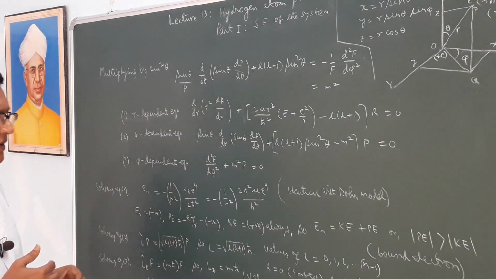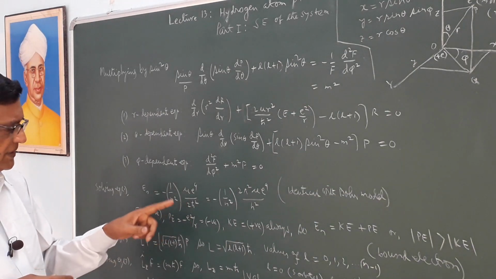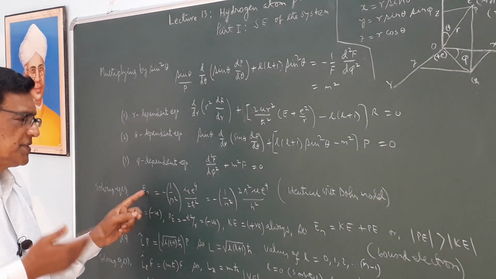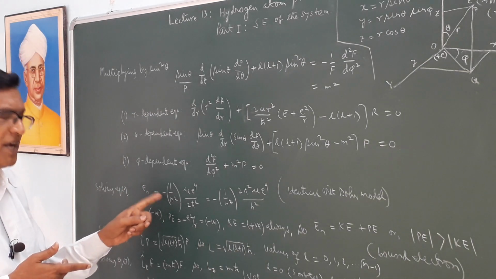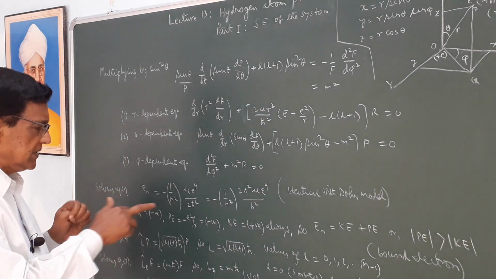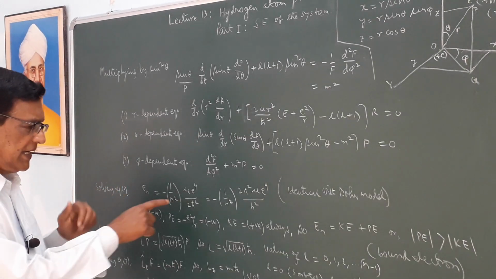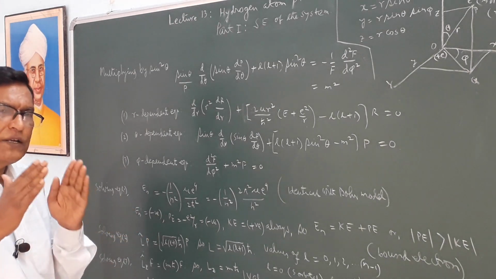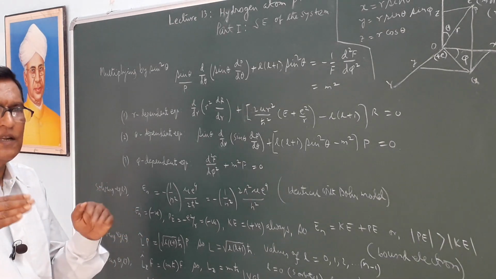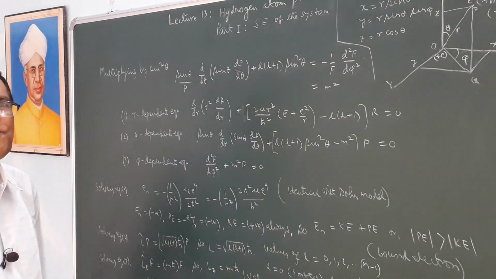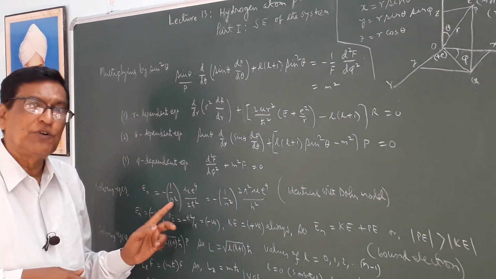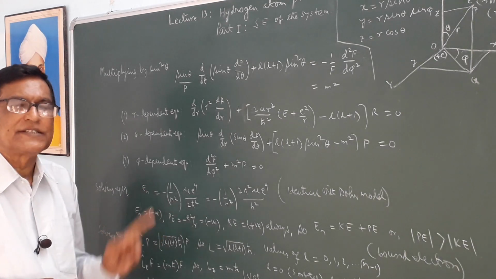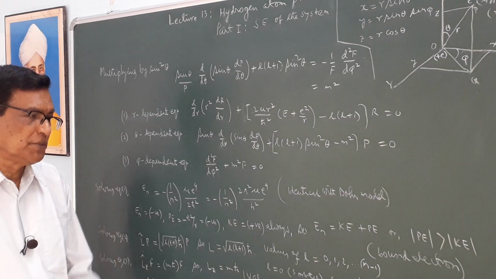Another point: when n is increasing, this energy is also increasing, as there is a negative sign. Not only does n determine this energy, n is called the principal quantum number, and the value of n is 1, 2, 3, 4, 5, etc., excluding 0. If we put n equal to 0, then En becomes minus infinity, which is not possible.